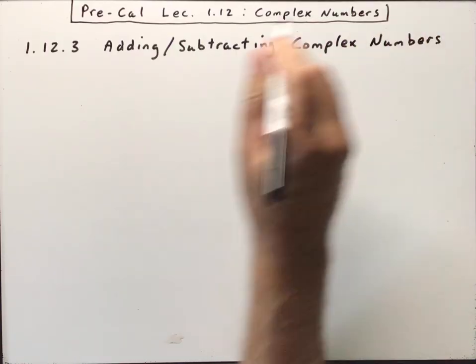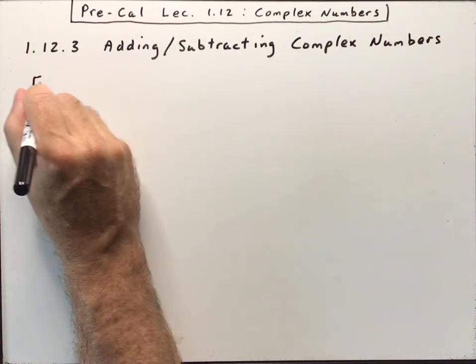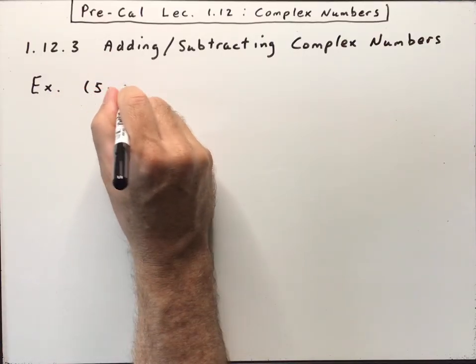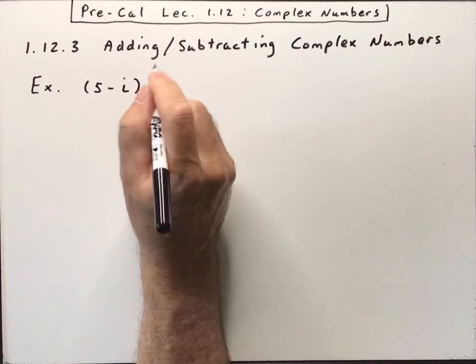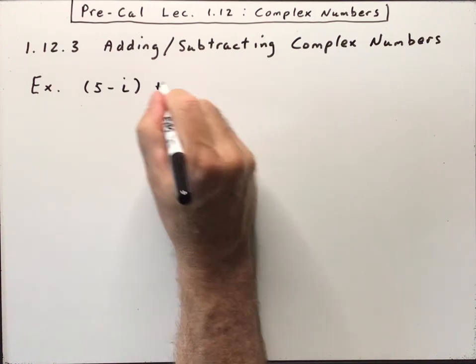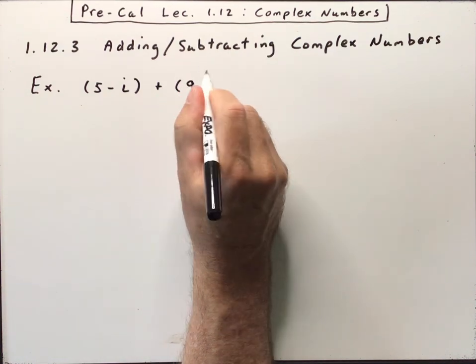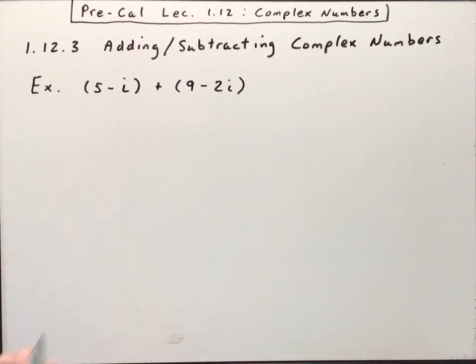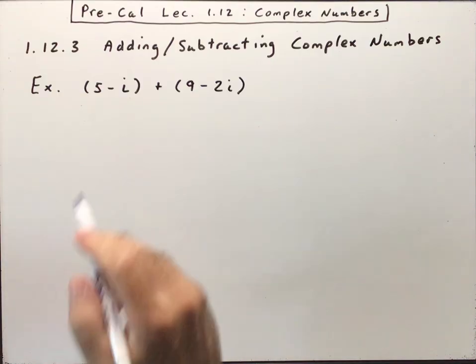And this is super easy. I'm just going to go straight to an example. So let's say we have, and I'll put them in parentheses just to make things a little easier, (5 minus i) plus (9 minus 2i). All you have to do is add the real part and the complex part separately.